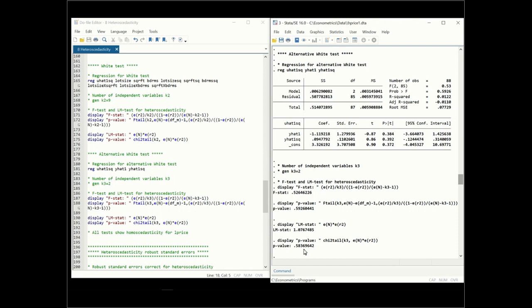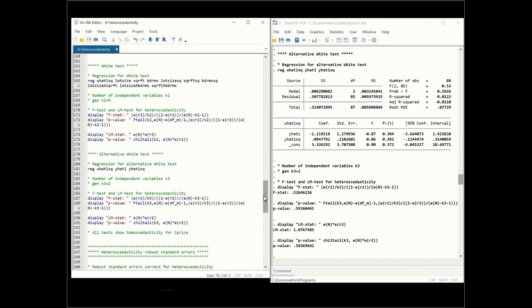So again, we are concluding the case of homoscedasticity. Here, all tests show homoscedasticity of log price. So overall, the conclusion is that we found heteroscedasticity for price and homoscedasticity for log price. Therefore, we would be doing heteroscedasticity corrections only for the price equation.